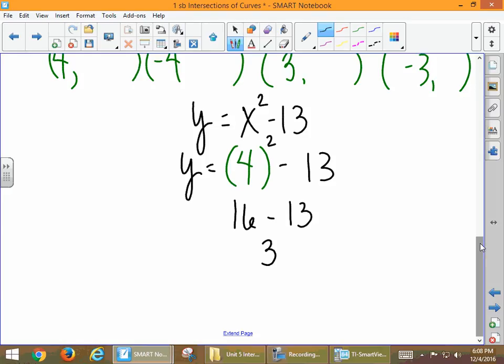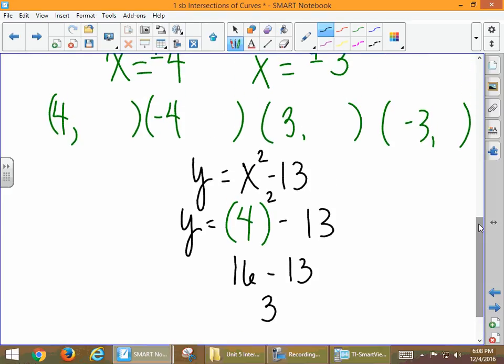But again, what it's trying to say is if we square positive 4, we get 16. If we square negative 4, we also get 16. And regardless, 16 minus 13 is 3, which means that both of our values for 4 and for negative 4 are going to be 3.